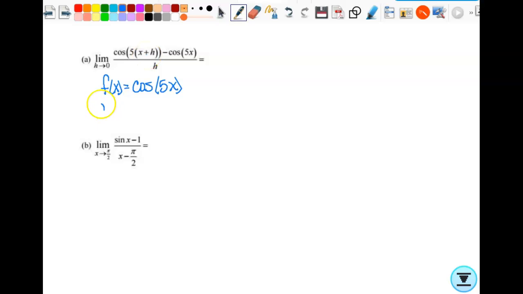So then I need the derivative, because I pulled the function out, but remember this equals the derivative, so f prime of x is equal to, what's the derivative of cosine? Negative sine of what? 5x. You do not touch the argument. Is that it? No, times what? 5. So really, this is going to equal negative 5 times the sine of 5x.